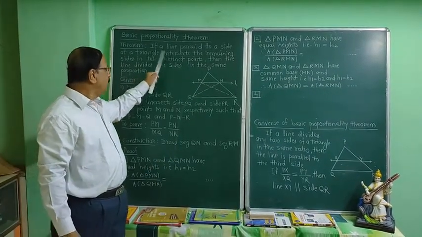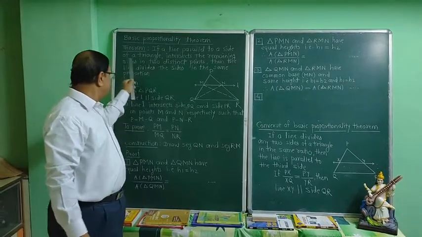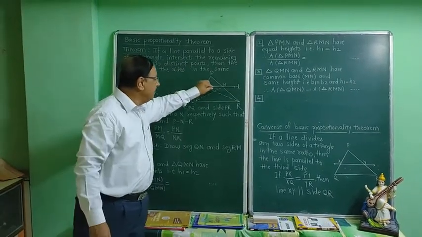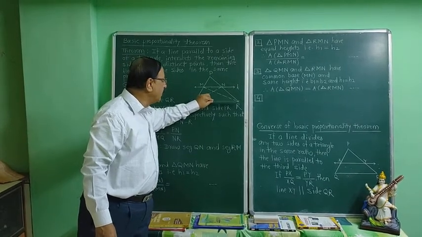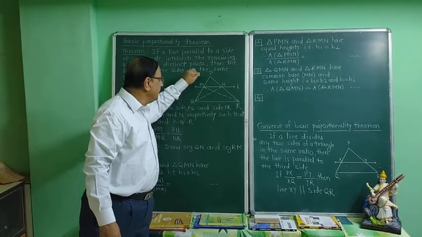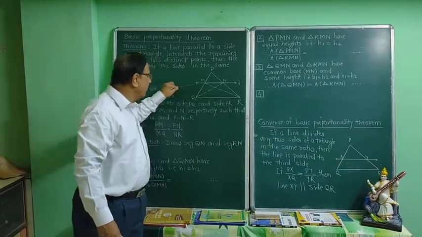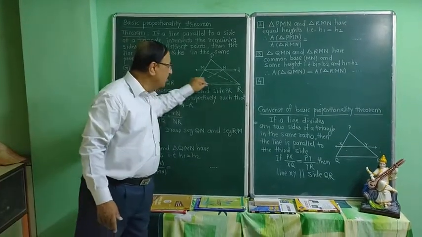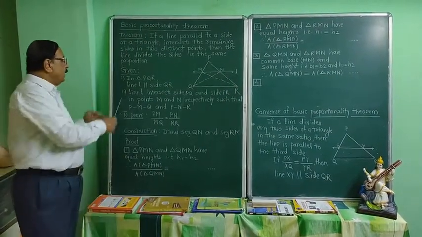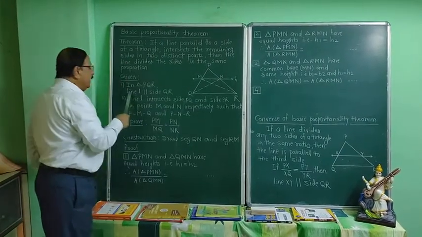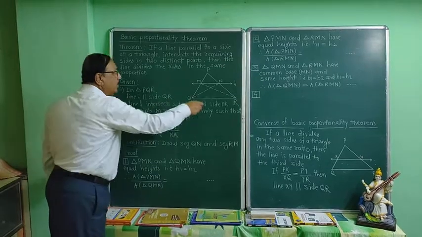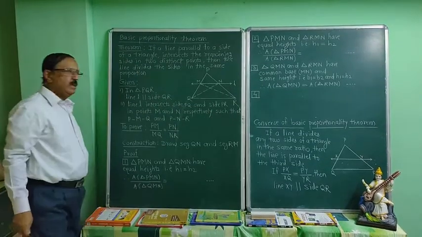Now, if a line is parallel to a side of a triangle, here line L is parallel to the side QR of this triangle PQR. In triangle PQR, line L is parallel to side QR.